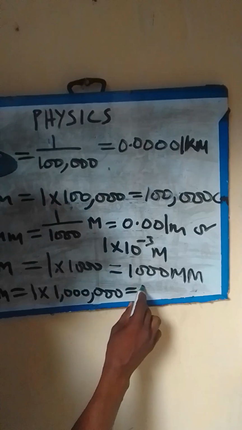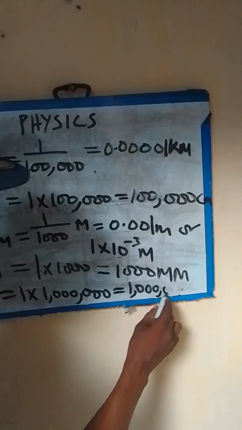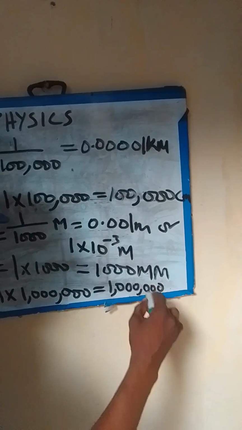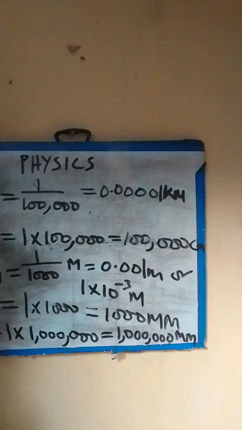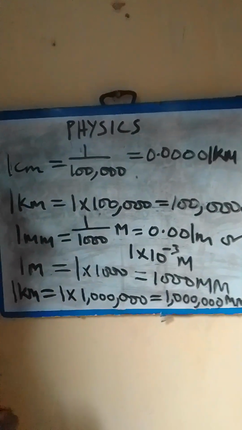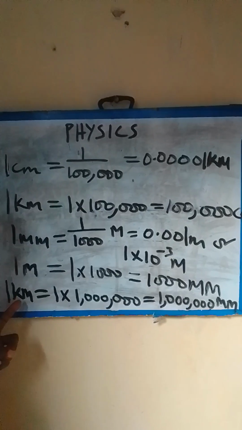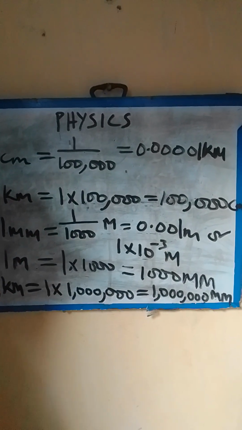And when you multiply, you are going to have 1 million millimeters. So to convert kilometers to millimeters, you multiply the value in kilometers by 1 million.